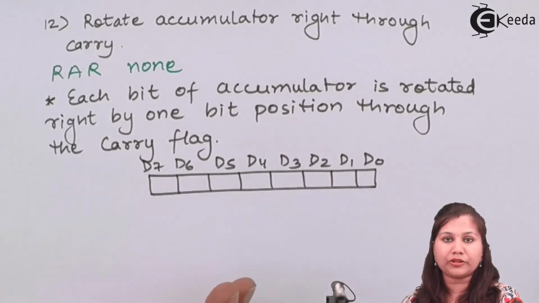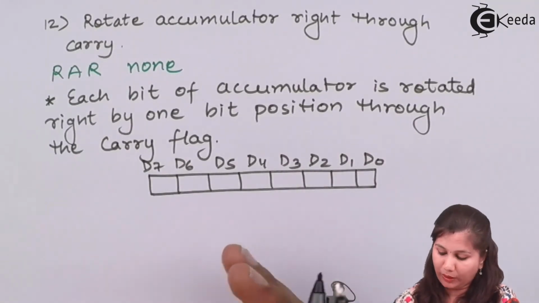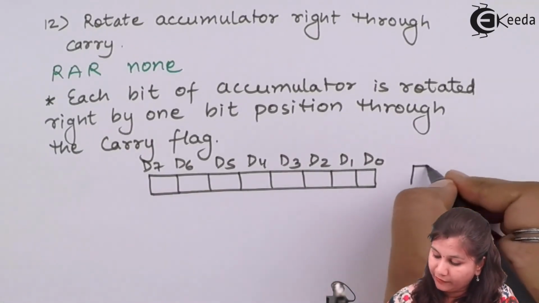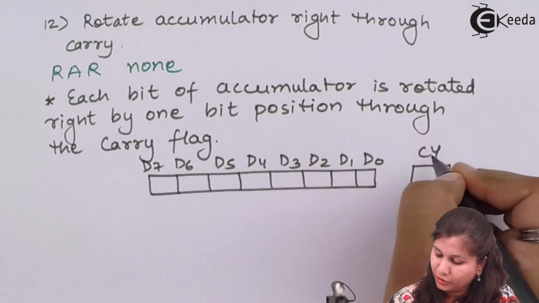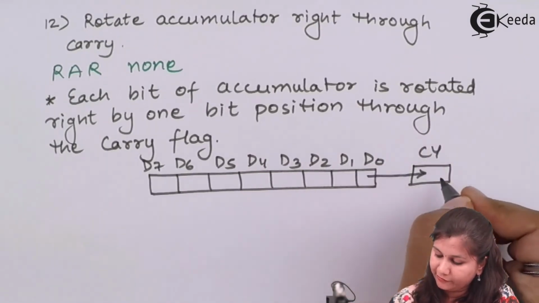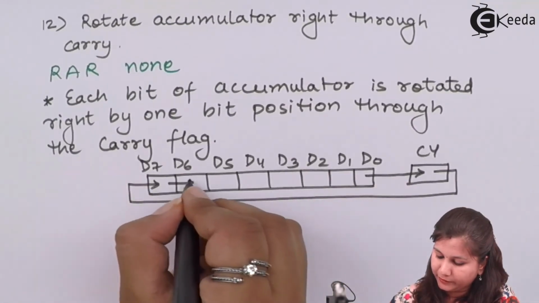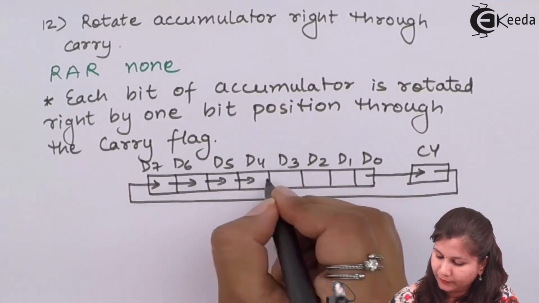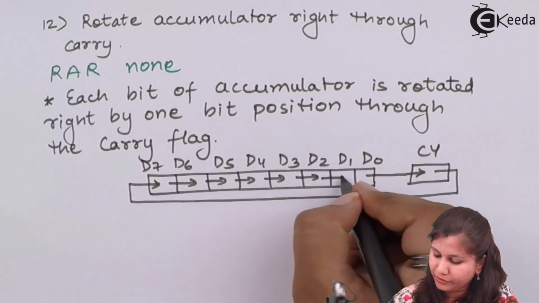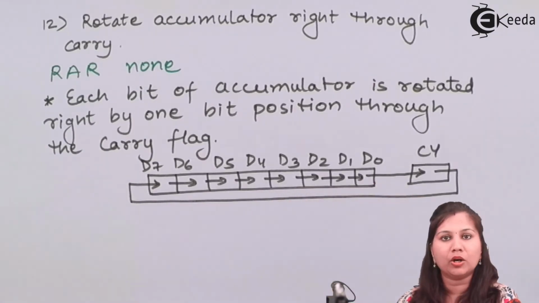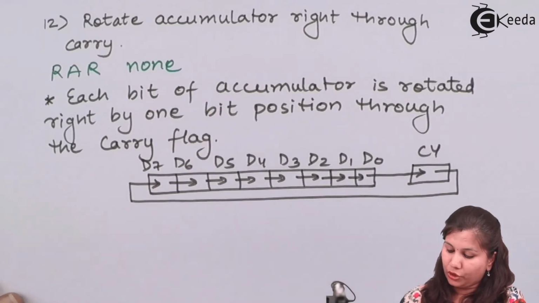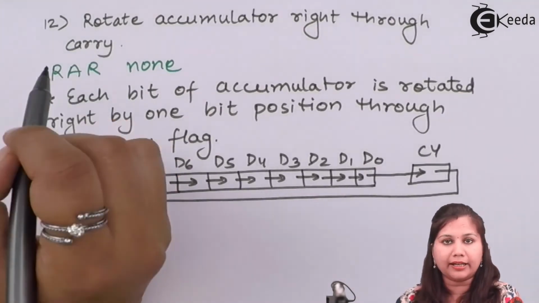All the bits have to be shifted to the right hand side by 1 bit position, but we have to use the carry flag. So D0 will become the carry flag, and carry flag will become the D7 bit. And all the other bits will be shifted to the right hand side by 1 bit position. So this is the instruction RAR.